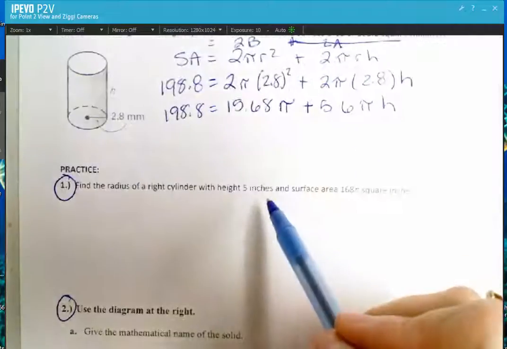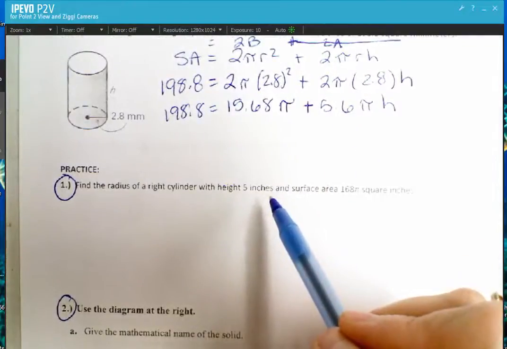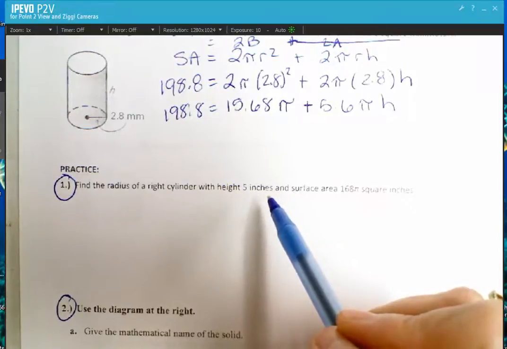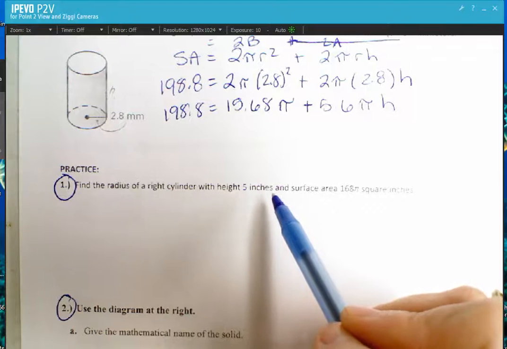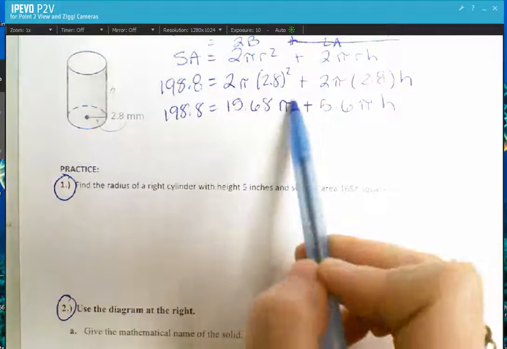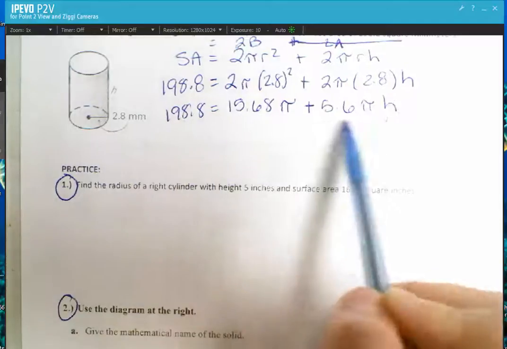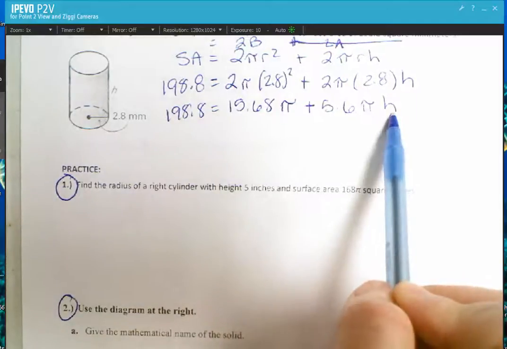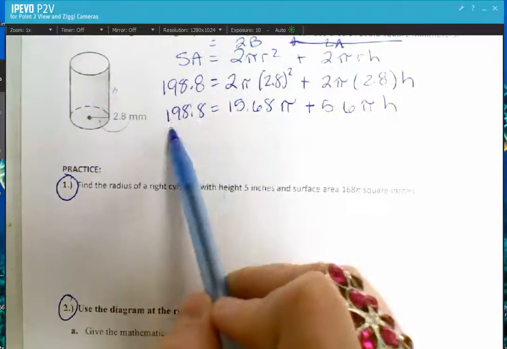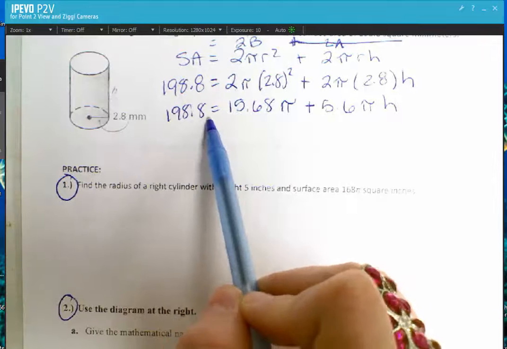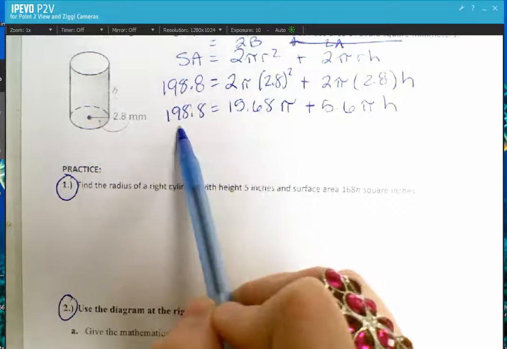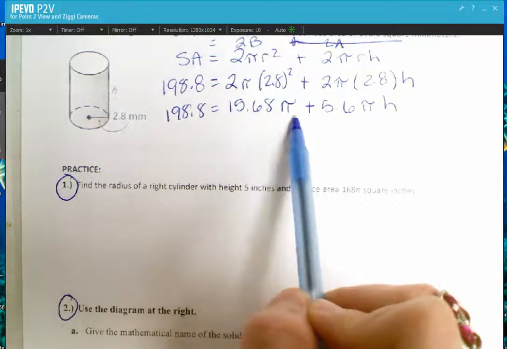I am going to simplify at this point by approximating this, so I can move it over here so I can start getting h by itself. So I'm going to take 198.8 in my calculator and subtract, because I'm going to subtract from both sides, 15.68 pi.